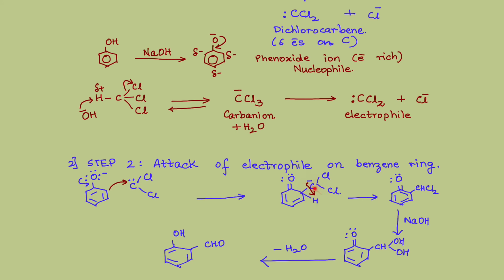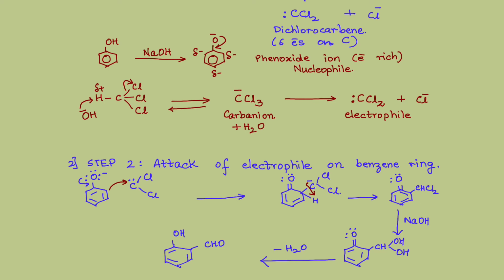And because carbon has been given electrons by the benzene ring, it says to the hydrogen, okay, I won't let you go away. I can share my electrons with you, which I have shown with the help of this arrow. So we have the intermediate wherein instead of CCl2, it is reverting to the dichloro state, CHCl2.